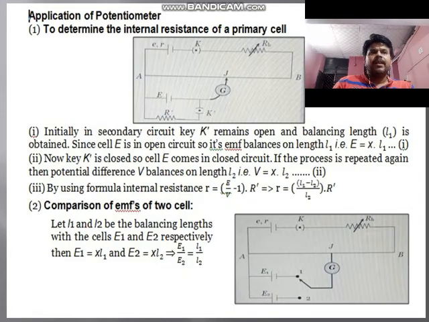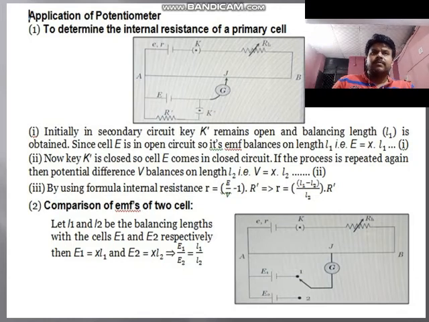Initially in secondary circuit, K prime remains open and the balancing length L1 is obtained. Since cell E is in open circuit, its EMF balances on length L1. That is, E is equal to X times L1, where X denotes the potential gradient.